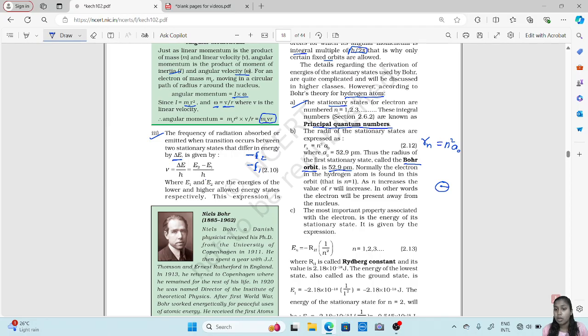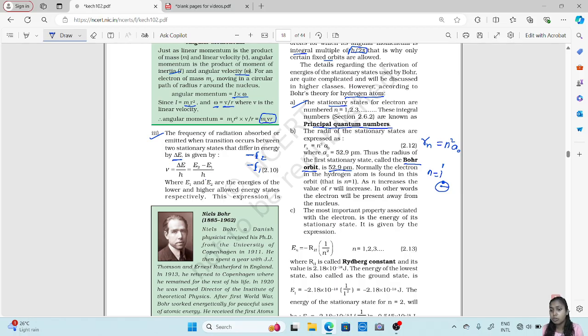Normally the electron in the hydrogen atom is found in this orbit, since hydrogen has only one electron. This is the Bohr orbit, which is n equals 1. As n increases, the value of r will increase. In other words, the electron will be present away from the nucleus.